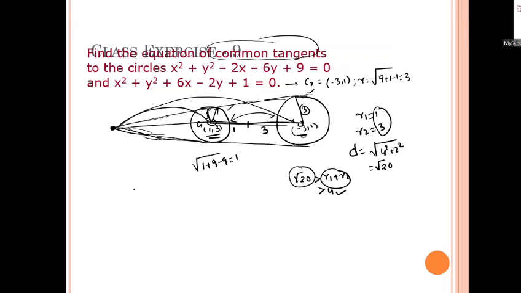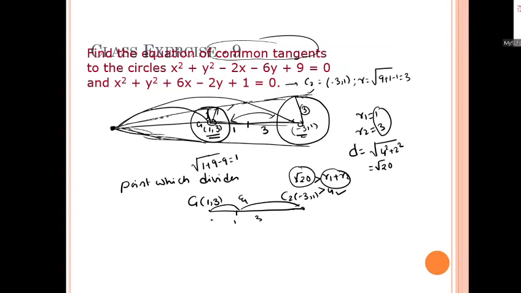ओके, so point which divides C1 (1,3) and C2 (-3,1) in the ratio, कौन सा रेशियो में? 1:3. एक्सटर्नली का फॉर्मूला यूज करेंगे. ओके, सो याद है एक्सटर्नल डिवीजन वाला फॉर्मूला.